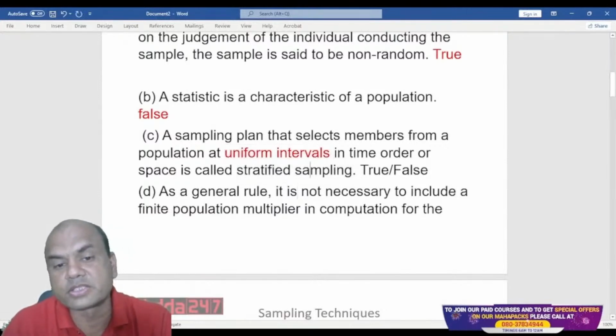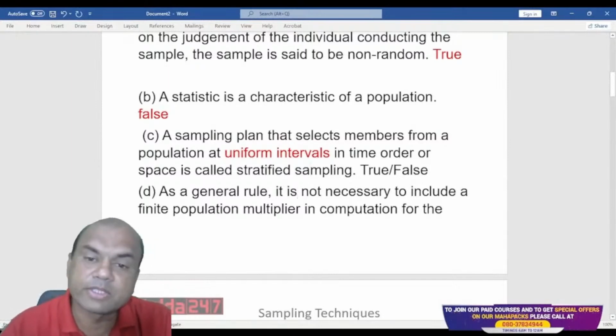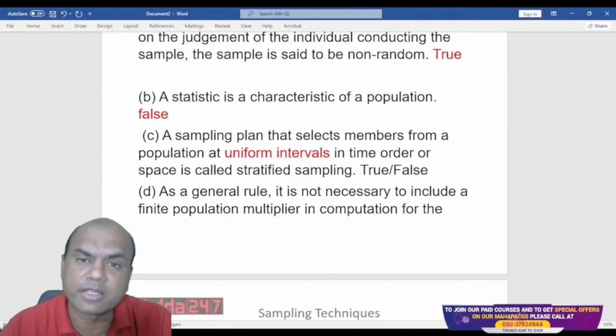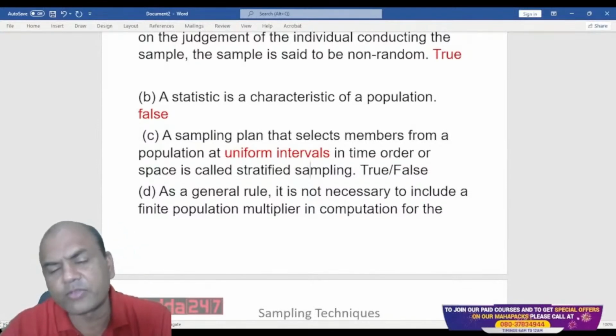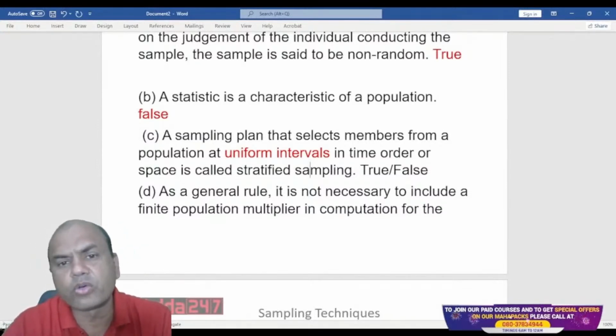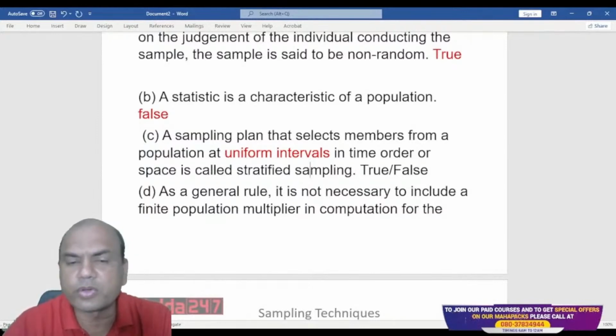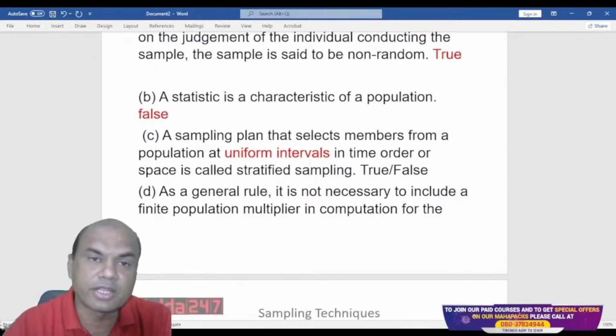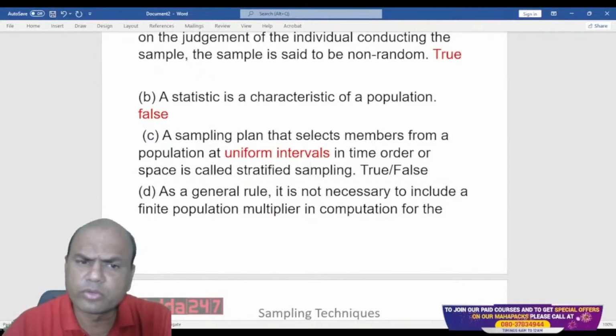So the sampling plan which selects the members at uniform intervals is called stratified sampling. Is it true? Type fast in the comment section. True or false?